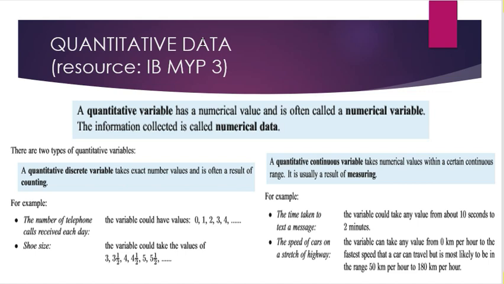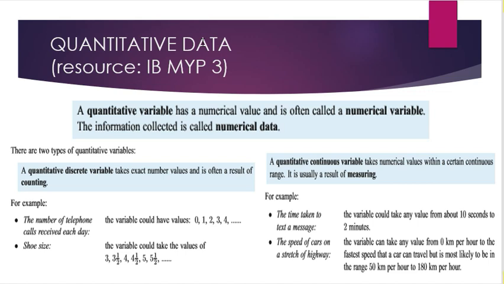First is quantitative data. When we're talking about a quantitative variable, it has a numeric value and is often called a numerical variable. The information collected is called numerical data. Meaning to say, it's dealing with numbers. Whenever you talk about that data, the answers you are given are numbers. There are two types of quantitative variables.